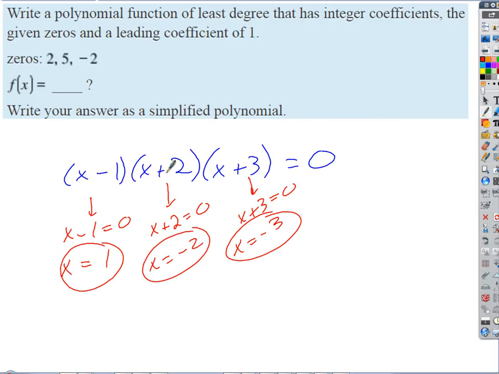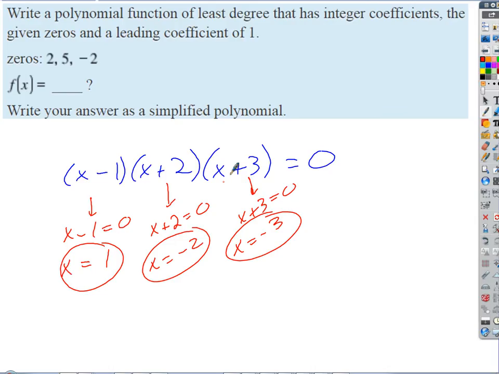Subtract negative 2 from x and x minus negative 2 is x plus 2. Subtract negative 3 from x, and we get x plus 3. Everybody getting this? Then the last step is just to take those three factors and multiply them together, and that's it.